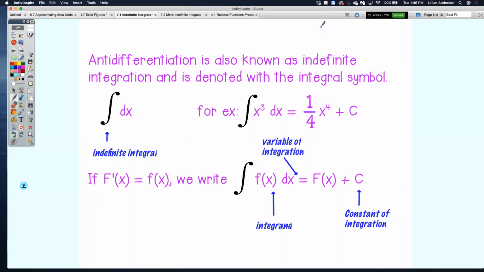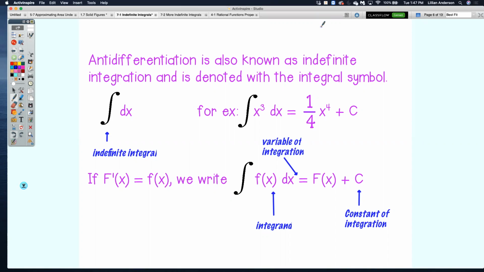All right. So antidifferentiation is also known as the indefinite integral, and it's denoted using an integral symbol. This is derived from Riemann's integral, which is part of that theory that I'm leaving out here. When you see this symbol, that means you need to perform antidifferentiation.